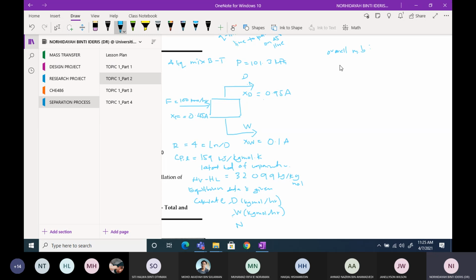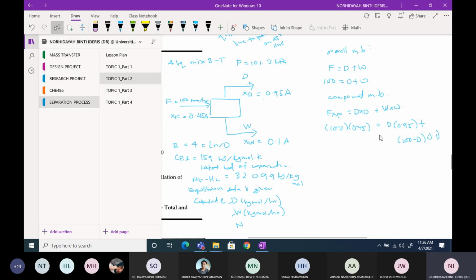F must be equal to D plus W. So you know that 100 is equal to D plus W. And component mass balance: F as F, D as D plus W as W. So you have 100 times 0.45 is equal to D times 0.95 plus (100 minus D) times 0.1.